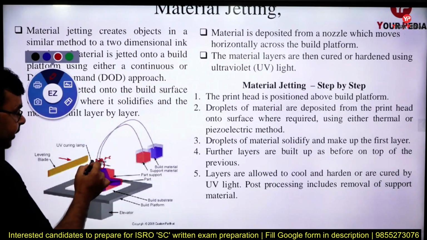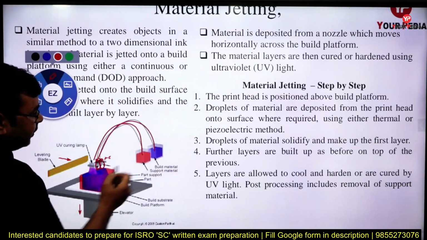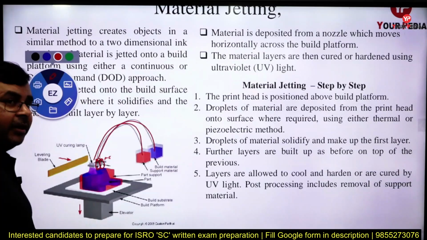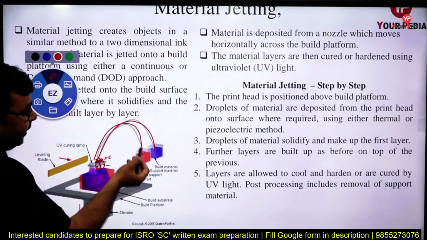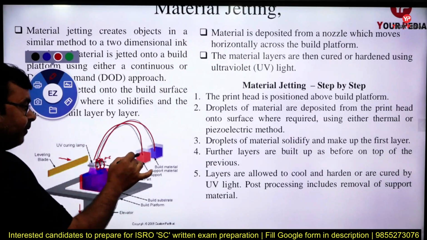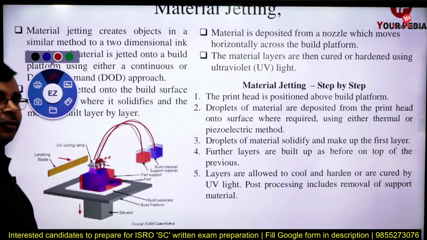You can see here these nozzles are connected with these tanks, yes or no, as it is very much similar to an inkjet printer. In inkjet printers, what happens is you just take ink from these tanks and provide it according to the requirement, correct.